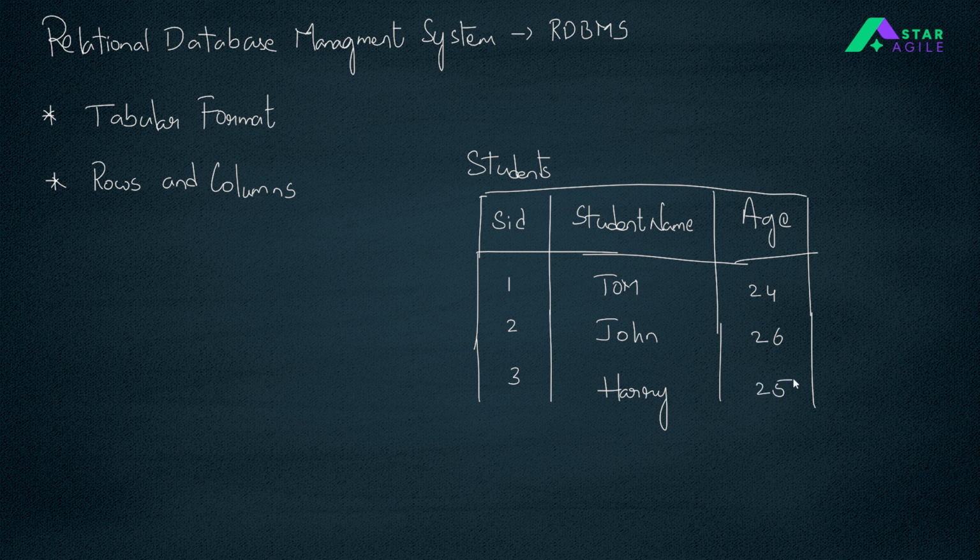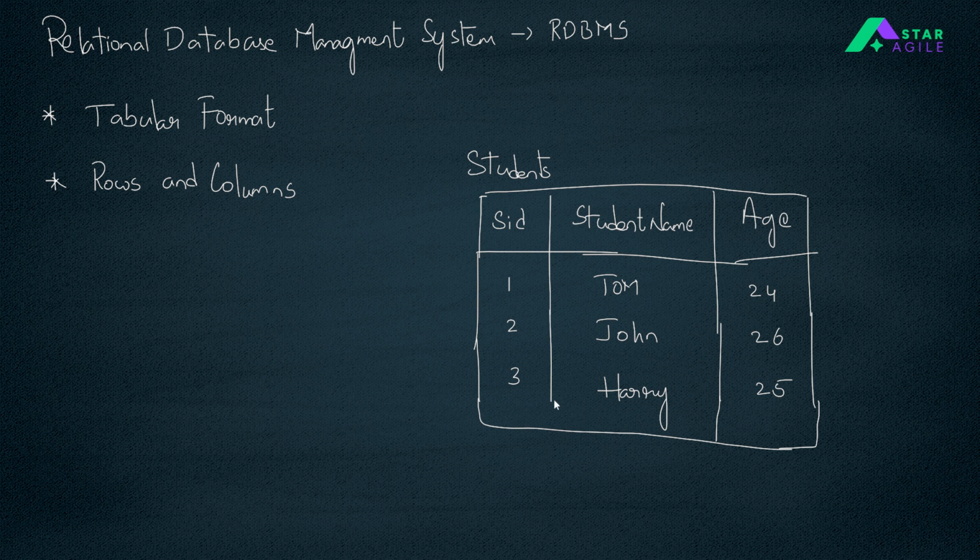Okay, so this is a simple example I'm showing, where there is a table called students, and in the students table we have the student IDs, the student names and also the age of the students. This is one particular table, and in a table you can insert as many records as you can, guys.